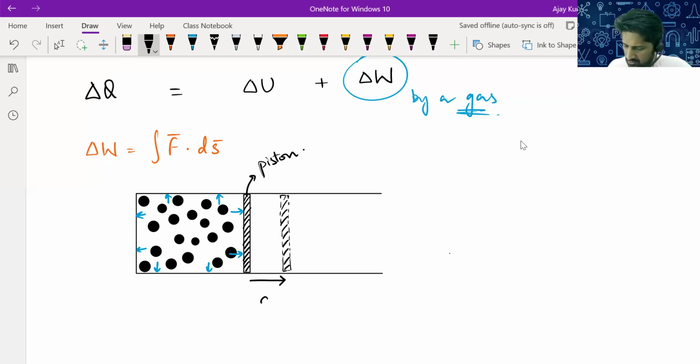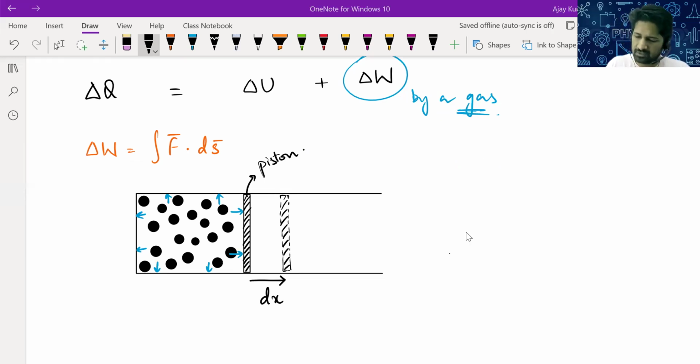Let's say the piston undergoes a displacement dx. Now, it's not necessary that every time gas will be stored in this kind of container only. The expansion could happen everywhere, not just on one side. Every wall of a container could move, but the result that we are going to derive is generally applicable, not just in this case.